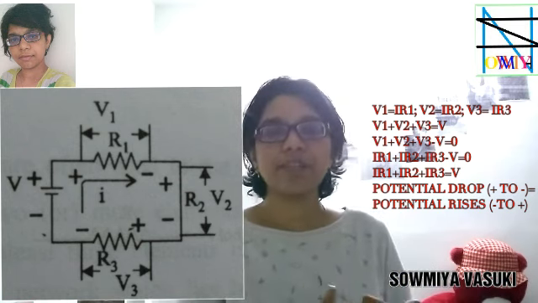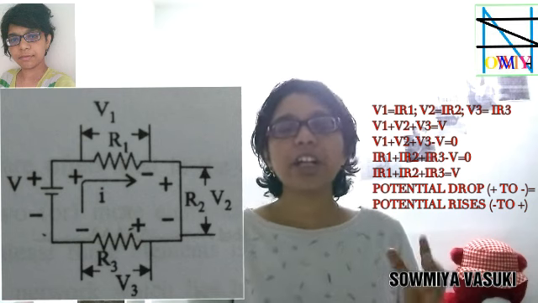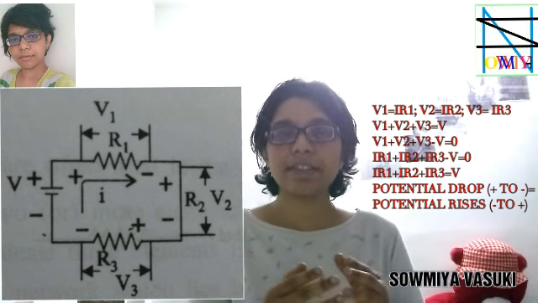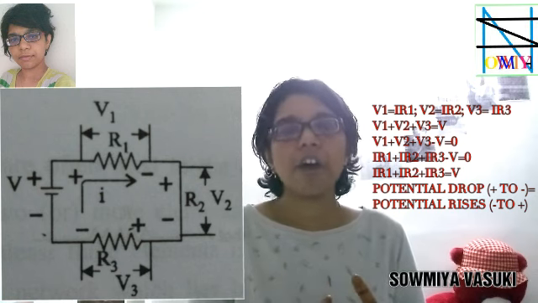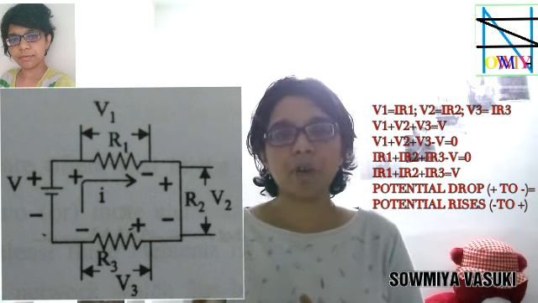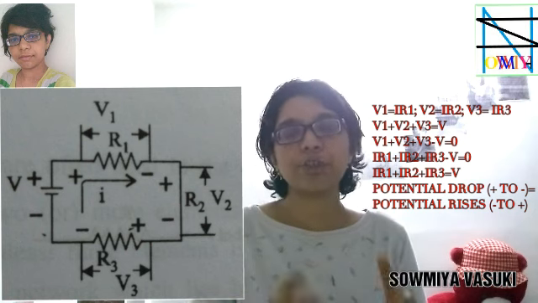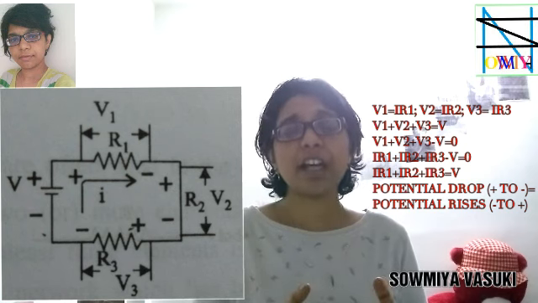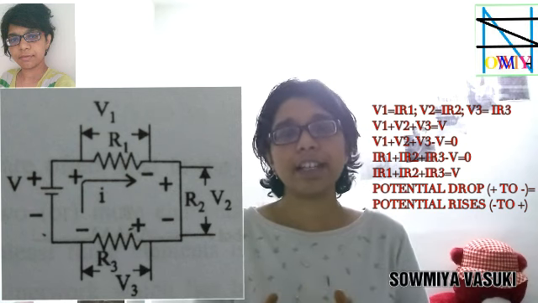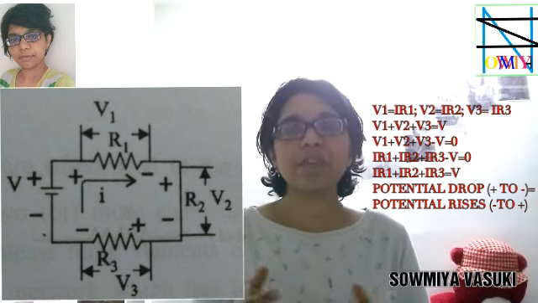Consider the following network. Voltage across the resistance R1 is V1 equal to IR1. Potential drop, positive to negative. Voltage across R2 is V2 equal to IR2.